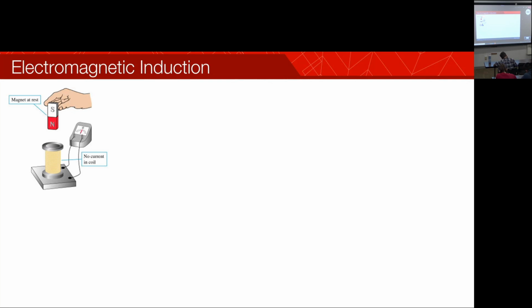I'll let you write those three things down. How do we create a changing magnetic flux? We can change the magnetic field, change the area, or change the angle at which the magnetic flux intersects the area.